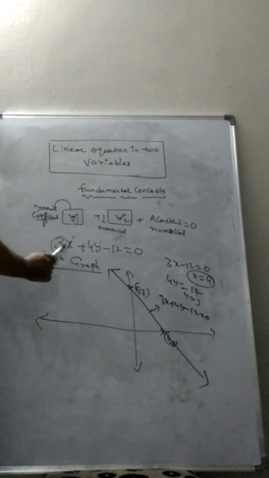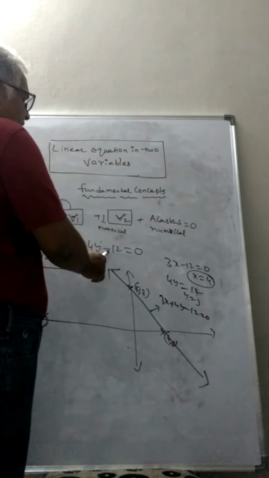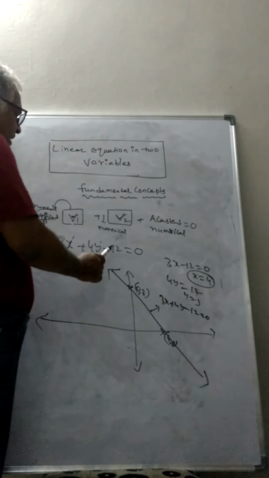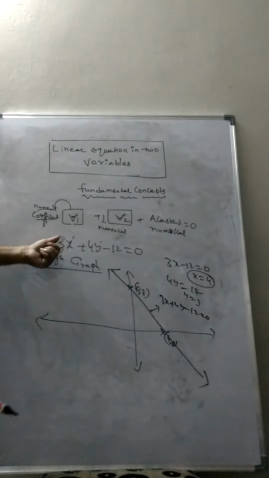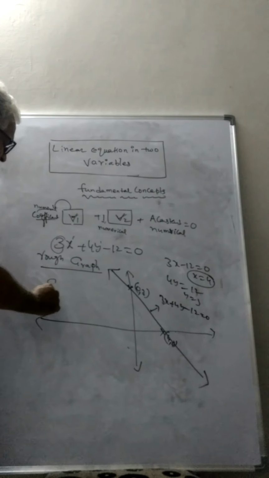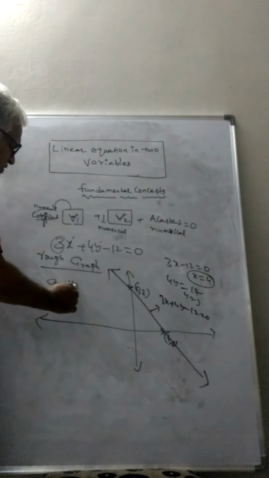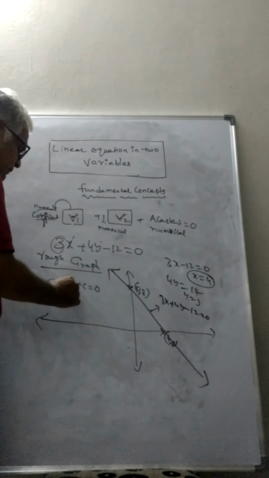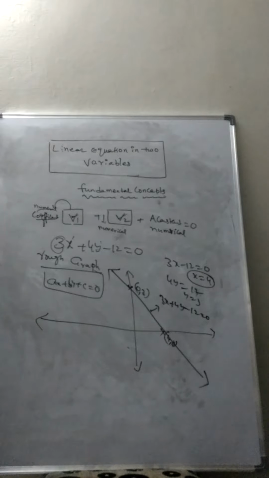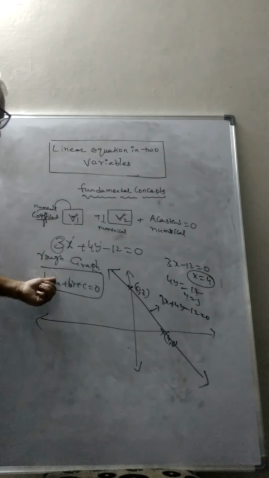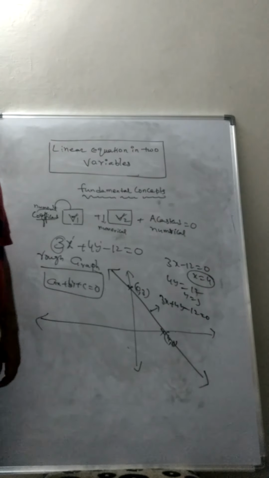Numerical coefficient of x, numerical coefficient of y, and a constant is equal to 0. At times this constant can be placed on the other side also. Make a note in your brain that ax plus by plus c is equal to 0 is the linear equation in x and y.